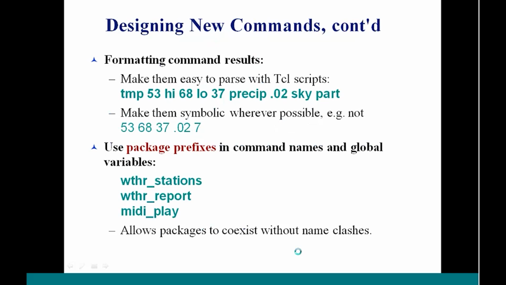Now, how do we format the command results? A couple of suggestions, essentially: make them easy to parse with tickle scripts. So here, like temp 53, high 68, low 37, precip 0.02, sky part.